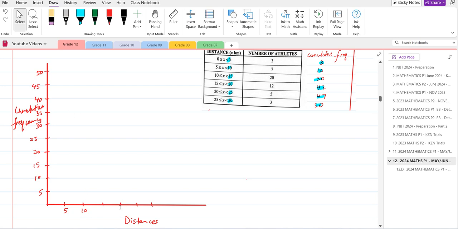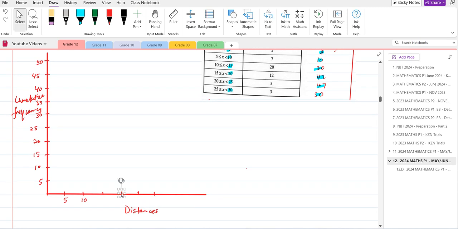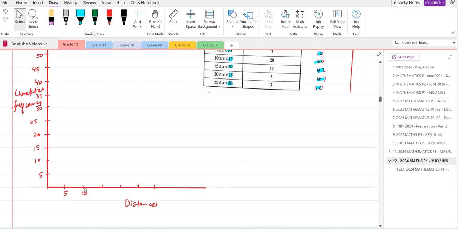Some of the gaps got smaller. So we have 5, 10, 15, 20, 25, and 30, which is the x values.